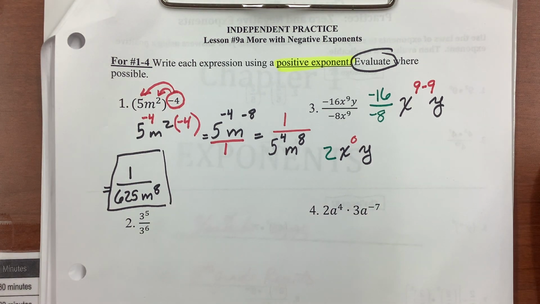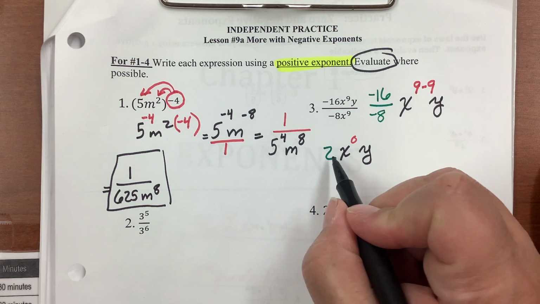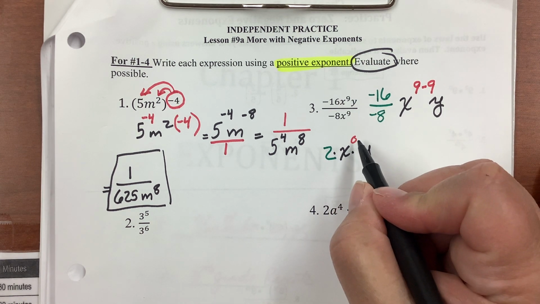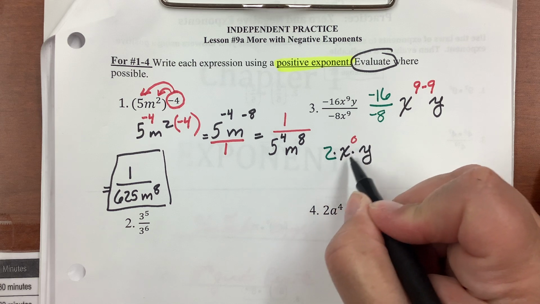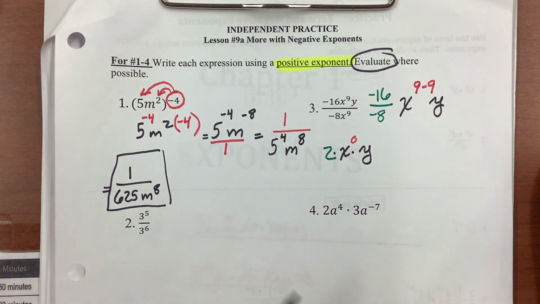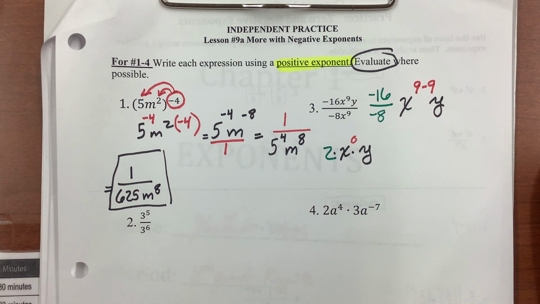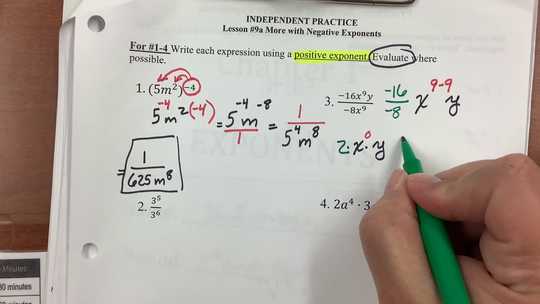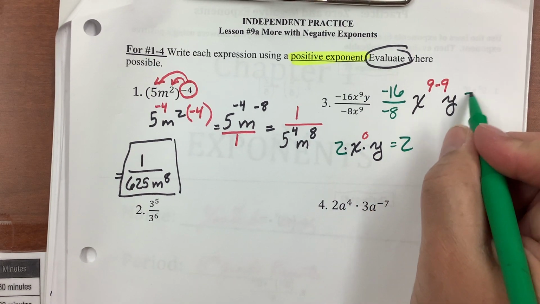Now, what's a 0 exponent? Well, anything to the 0th power is 1, but only the base to the 0 power is 1. So only x to the 0 power is 1. That coefficient 2 stays 2. Have some equal signs here.